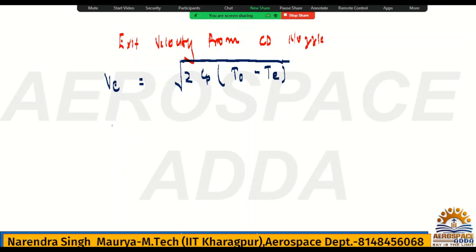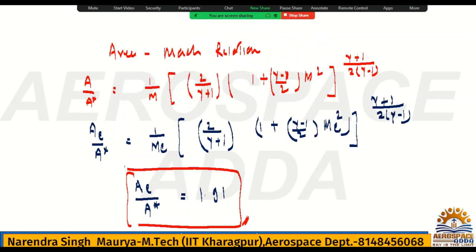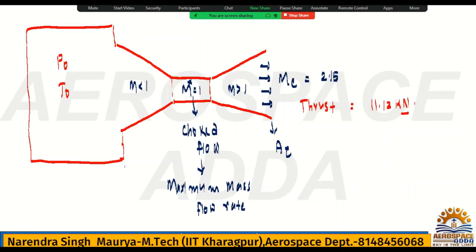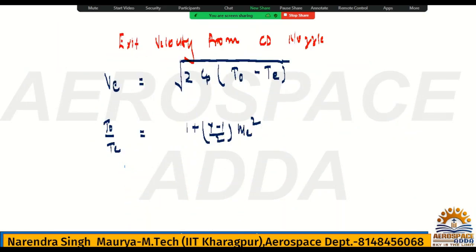So now we have that ratio. What is the ratio we have here? That formula of T naught by Te is equal to 1 plus (gamma minus 1) by 2 times Me square. T naught we have, what is the T naught? Check. T naught is 353, and what is the Me? 2.15.